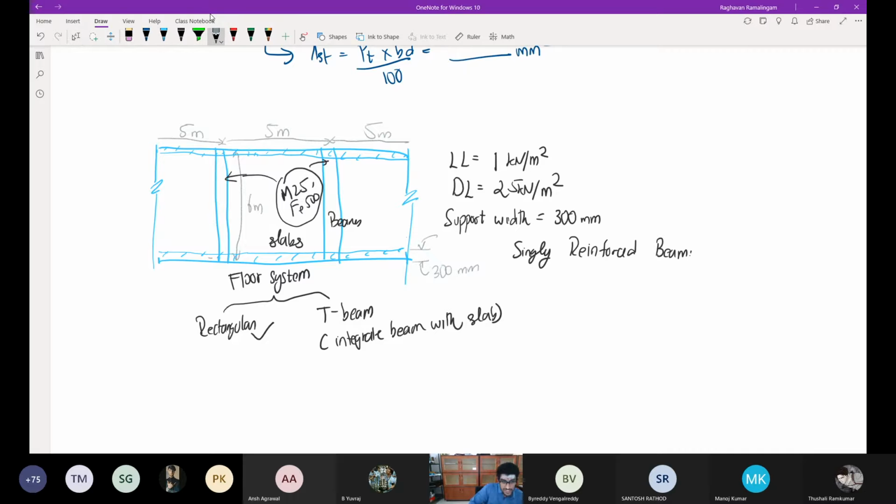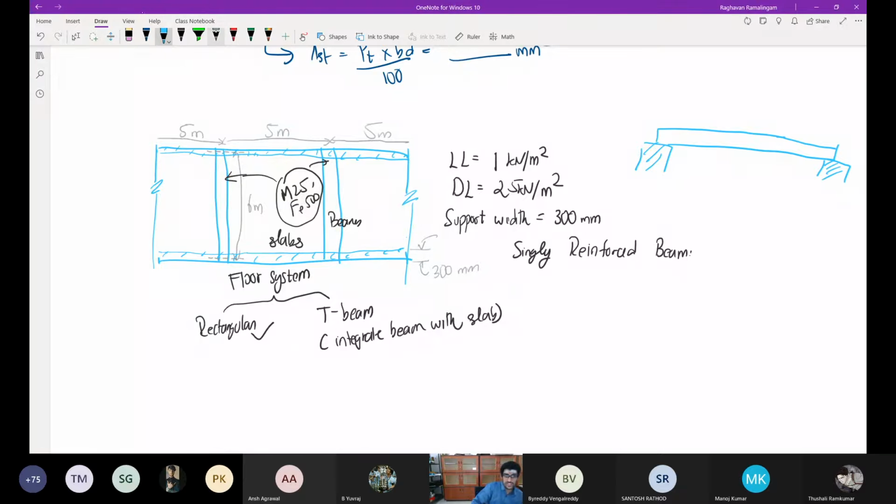So this is 6 meters from the center of this support to the center of this support of the beam, and the support width I've given here as 300 mm. So there is a support on one end, then the beam comes, and on the other end there's the other support.